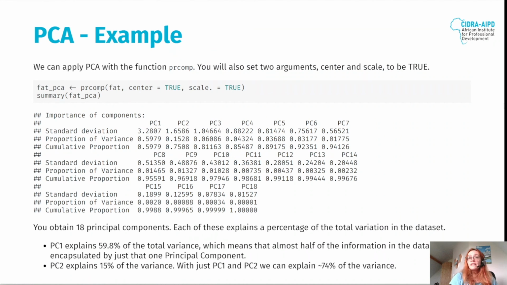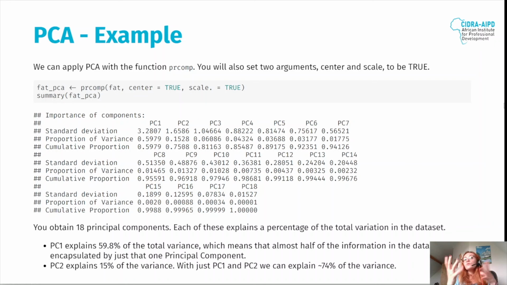So as I said, we need to scale the data, we need to normalize the values there. One of the functions that we work with in PCA is called prcomp. You need to give the data and you can set 2 arguments, center and scale. You don't need to normalize the data before applying the PCA because the function lets you do that all in one.